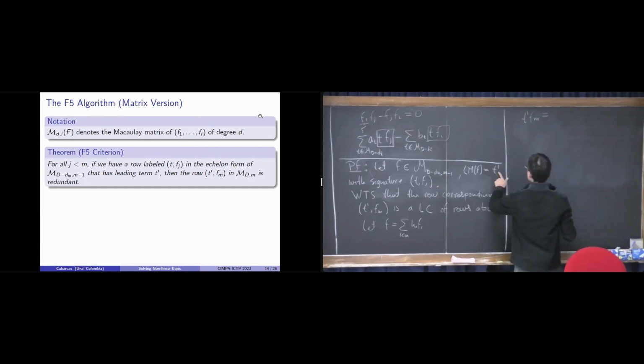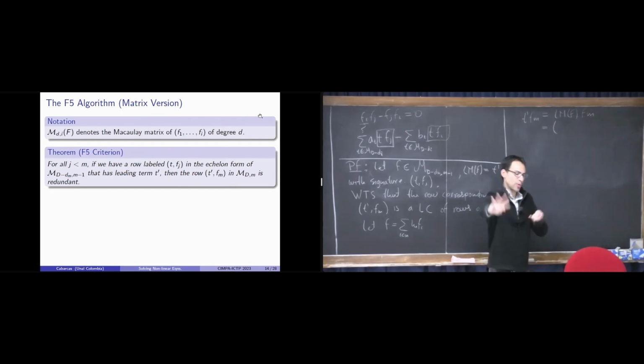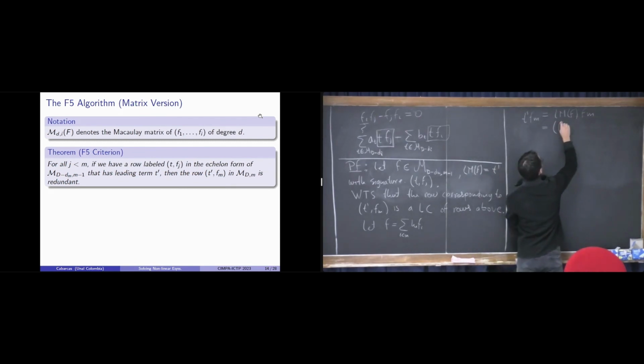Now T prime is the leading monomial of F. Now the leading monomial, I like to write it as F minus the rest of F.